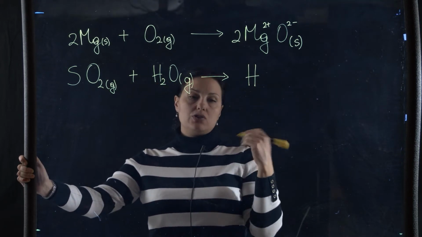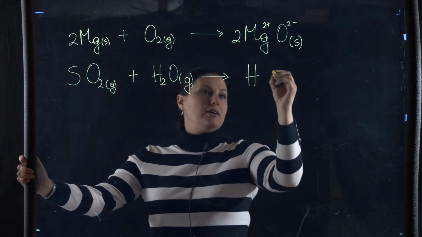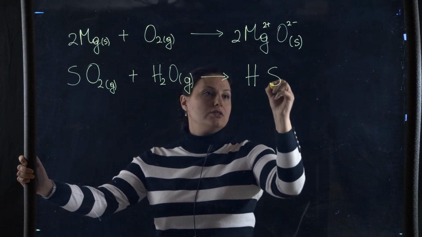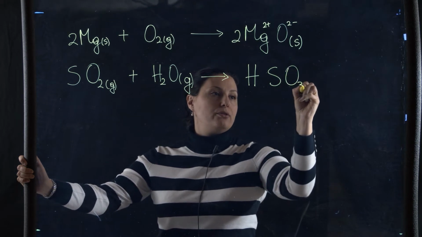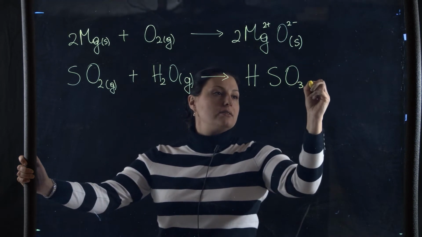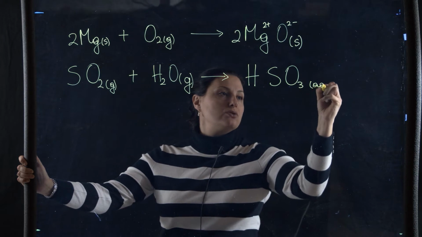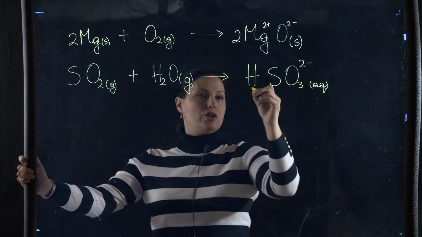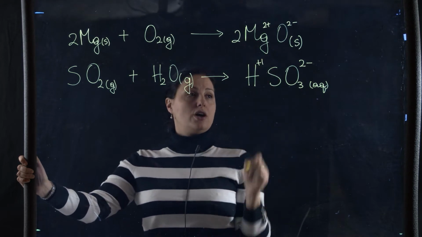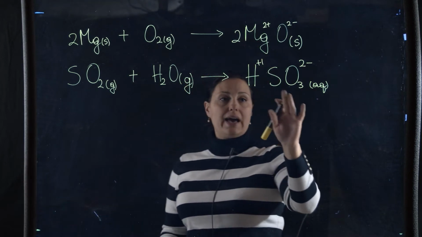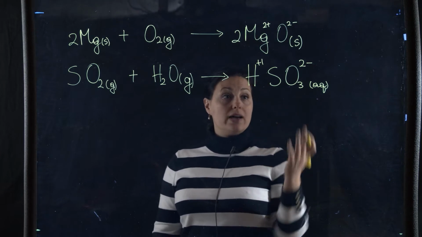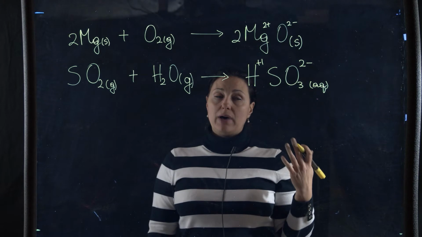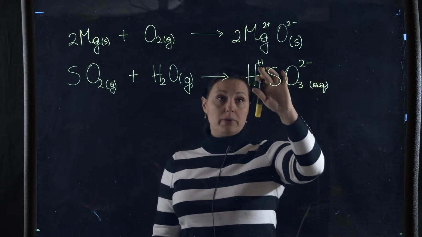Once again, make sure you learn the polyatomic ions. Sulfite is SO3, and this is an aqueous solution. SO3 has a 2- charge. Hydrogen has a +1 charge. Therefore, I have to make this a neutral compound. How do I do that? Well, I need to increase my positive charge to a 2+.